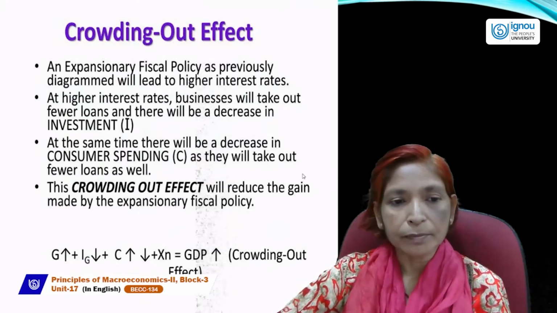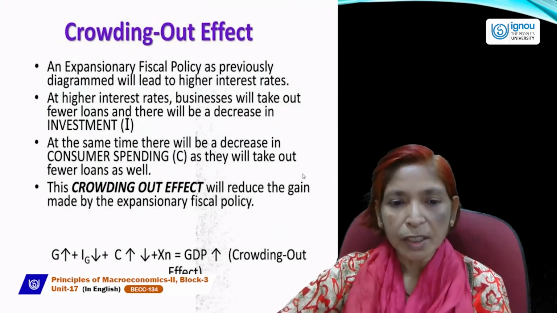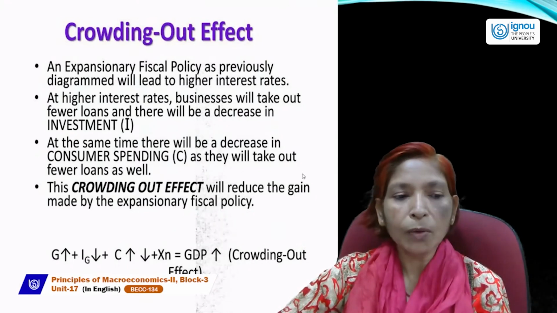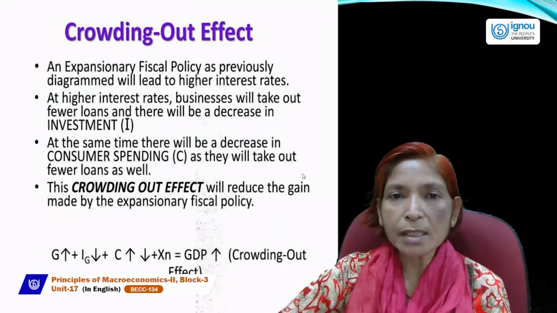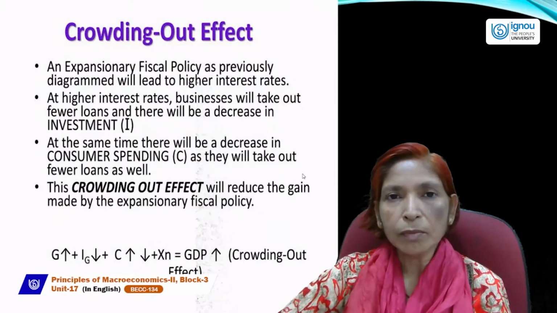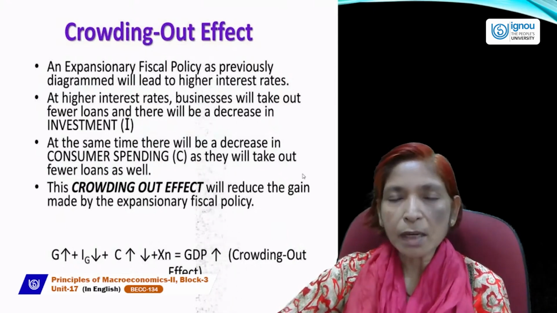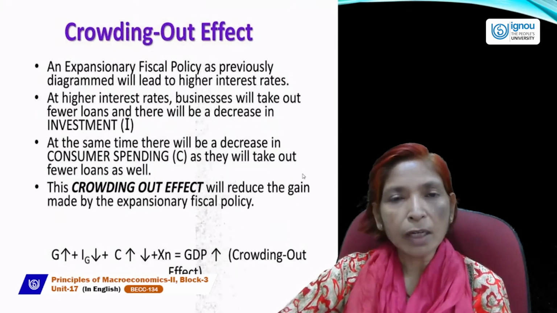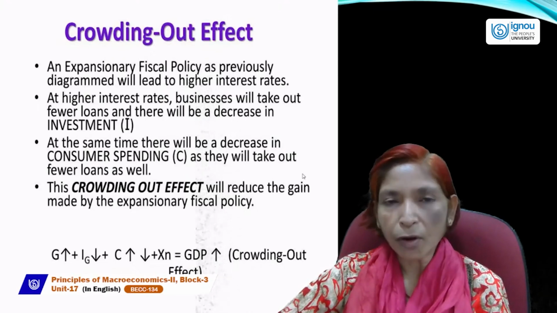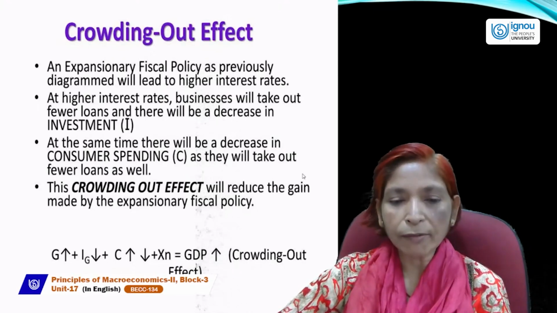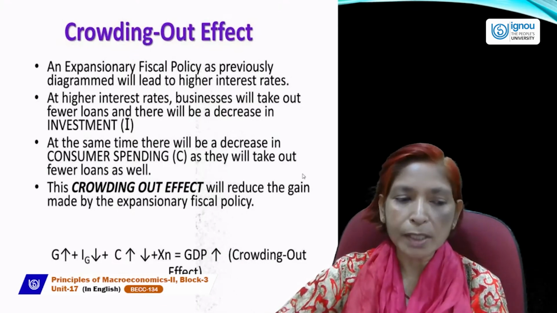At the same time, there will be a decrease in consumer spending also, as they will take out fewer loans as well, because at a higher rate of interest, loans become more expensive. People will not take loans from the banks. When their borrowings fall, their purchasing power or capacity to spend will also fall. And due to the fall in spending, income level will also fall. That's why this crowding out effect will reduce the gain made by the expansionary fiscal policy.